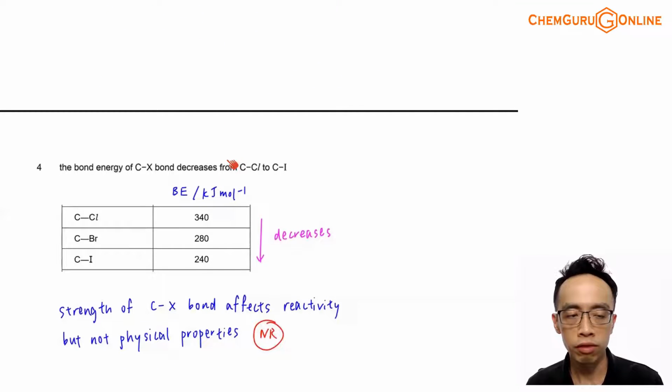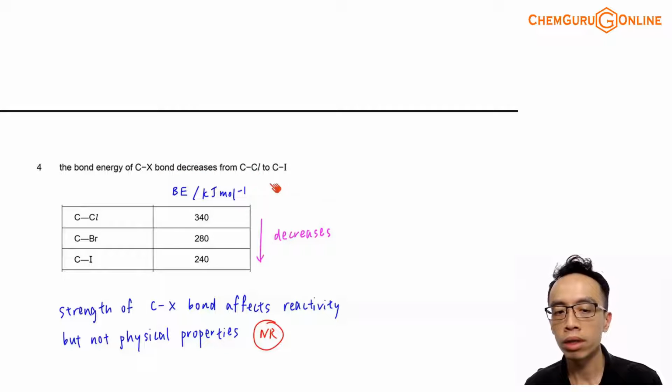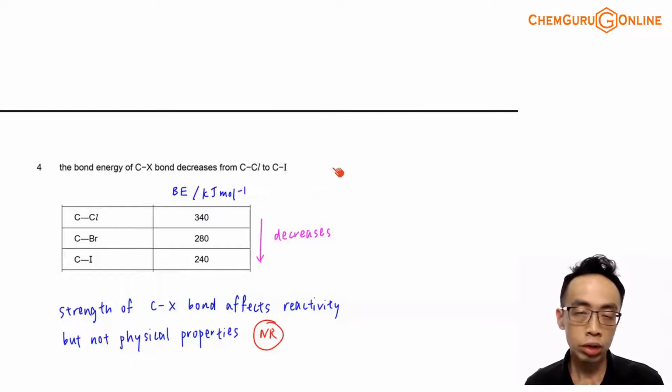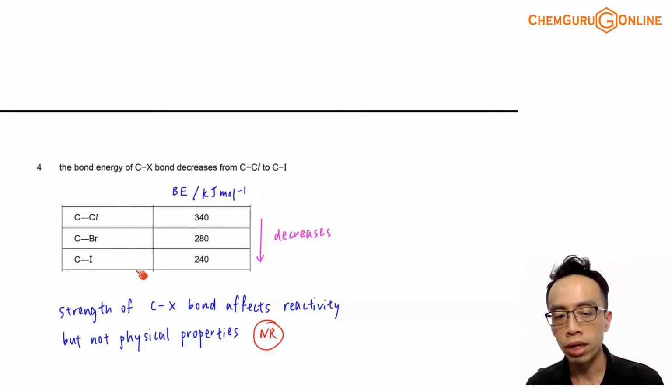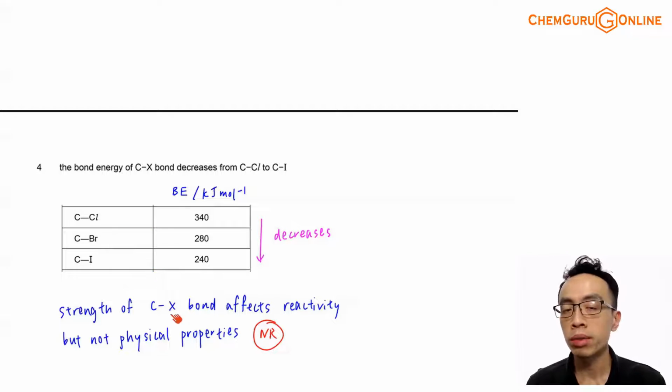Finally, statement number 4, the bond energy of C-X bond decreases from C-Cl bond to C-I bond. Now we can pick up this information from the data booklet. That statement is true. Bond energy for C-Cl bond to C-Br bond to C-I bond decreases. Now the statement is true, but it doesn't mean that it is relevant to answering this question, because for this question we are comparing boiling point, which is a physical property, so we should be focusing on intermolecular forces and factors affecting physical property.